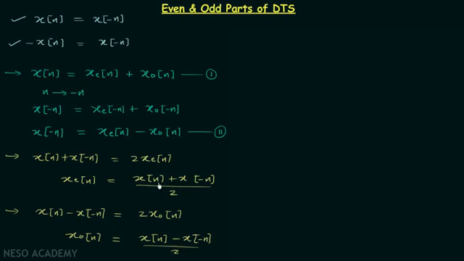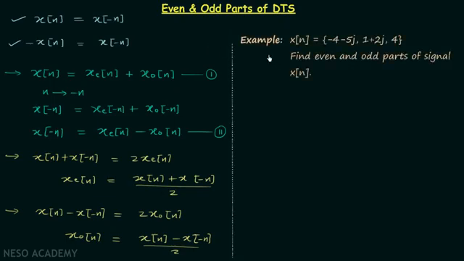Now let's move on to the example. In this example, signal x[n] is equal to {-4-5j, 1+2j, 4}, and 1+2j is the value of signal x[n] when n is equal to 0. This makes 4 the value of x[n] when n is equal to 1, and -4-5j the value when n is equal to minus 1.